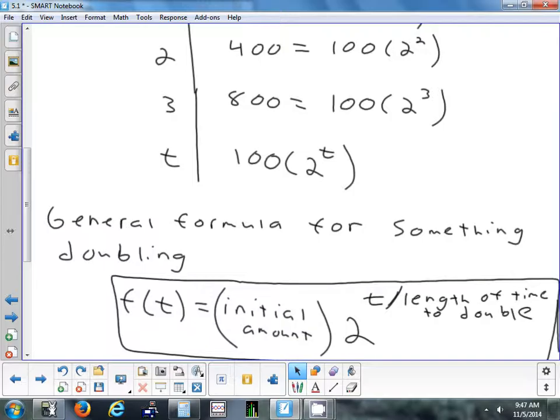It doesn't really matter. So if it was every 5 hours, you would want the exponent to be a 1 after 5 hours. So if you put in divide by 5, that'll do it. You'd want the exponent to be a 2 after 10 hours. That's why if you divide 10 by 5, that would give you a 2. So if it's a 1, you don't have to worry about it.